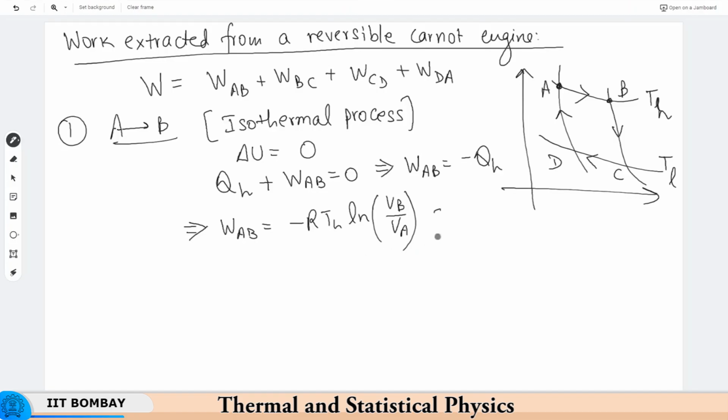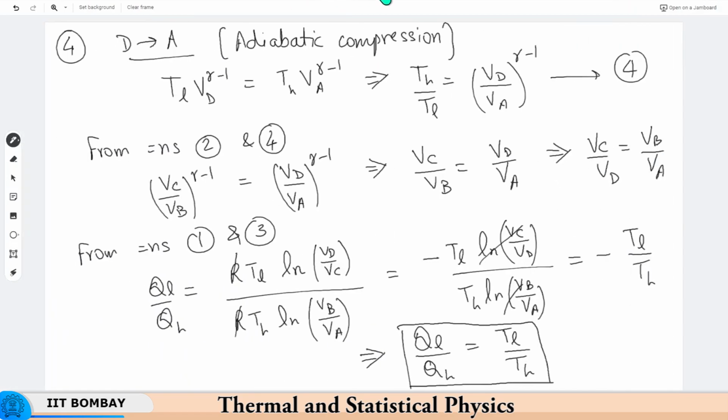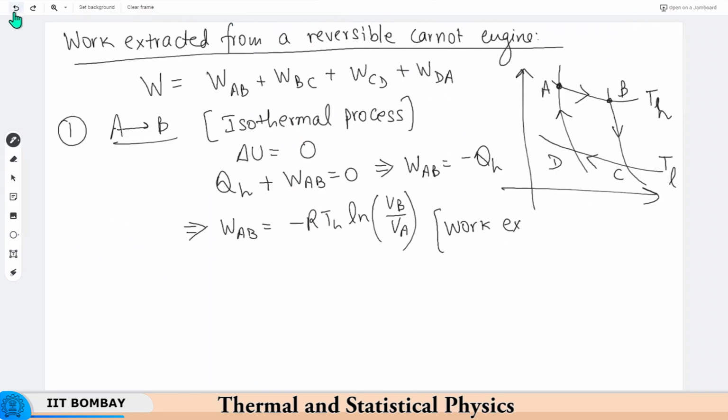So, work extracted or work done by the system, sorry, work done by the system, since this is a negative quantity. So, similarly, we can now quickly go to the next isotherm for convenience.